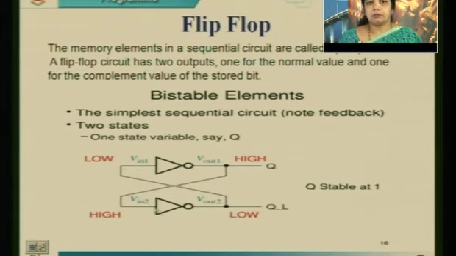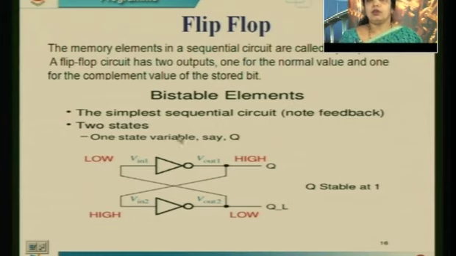So this represents a basic bistable element which stores either 0 or 1. My Q is called the normal output, and Q complement is nothing but the complemented value of the stored bit. So either I can apply 0 or 1 here, and based on that I am going to get my output either high or low. Consider that I am applying a low value here.